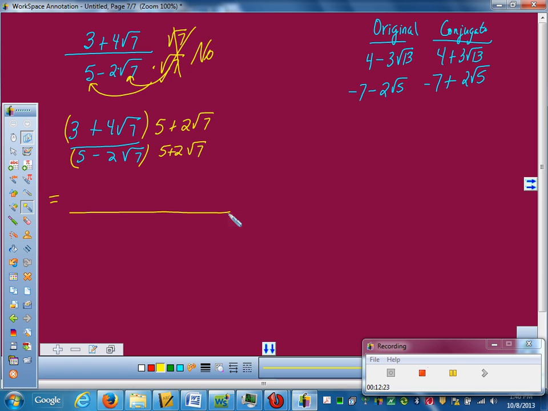So if you're going to do the bottom, do you have to do the whole FOIL? Well, this one time, I'm going to do it all so you see the pattern, and then you can shortcut it. If you did first, what would you get? 25. Outside?